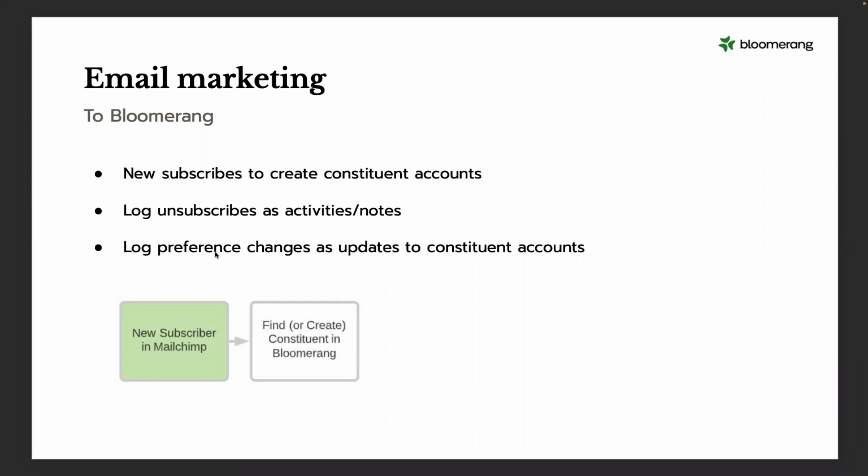If your preferences in Bloomerang are tracked more on a constituent custom field as opposed to email interest types in Bloomerang, we can also do that via automation. So there are opportunities for creating that consistency between your email marketing tool and Bloomerang in both directions.